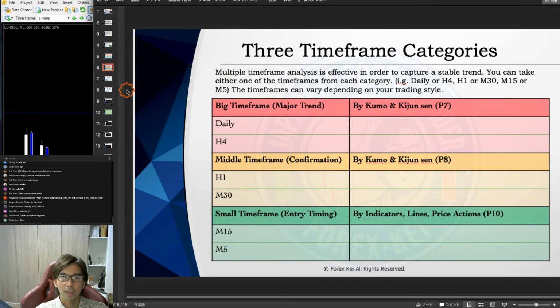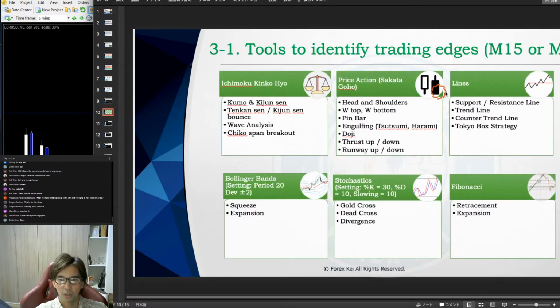When it comes to entering the market, I look at these indicators and tools. I don't use Ichimoku so much anymore, but I use price action and lines, Bollinger Bands, stochastics, and Fibonacci retracement and expansion to capture the potential entry chance.